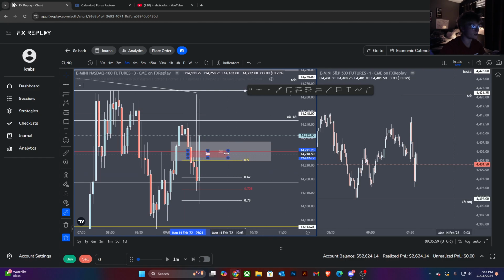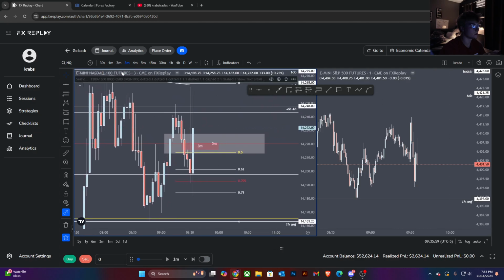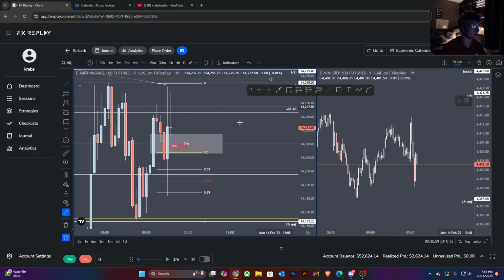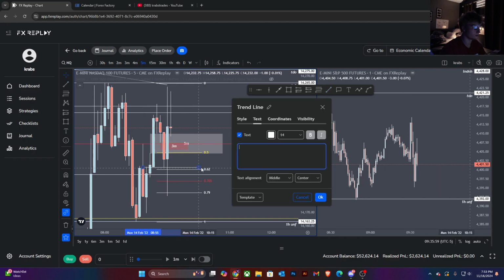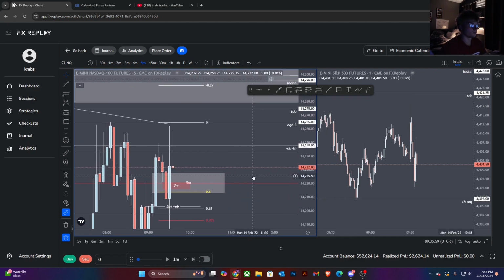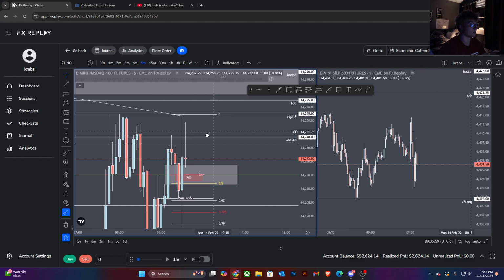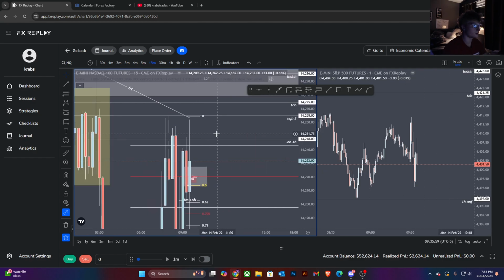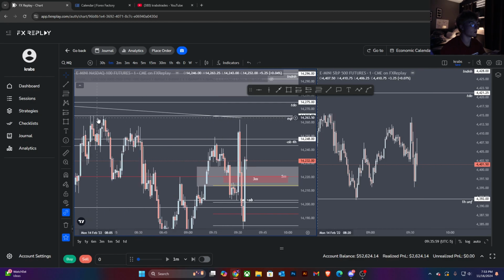Let's see. I do like the setup though. Rejection of OTE, rejection of this 5-minute OB. Three equal highs here.